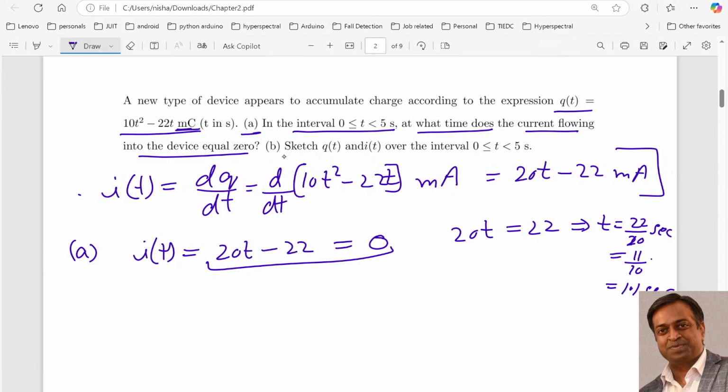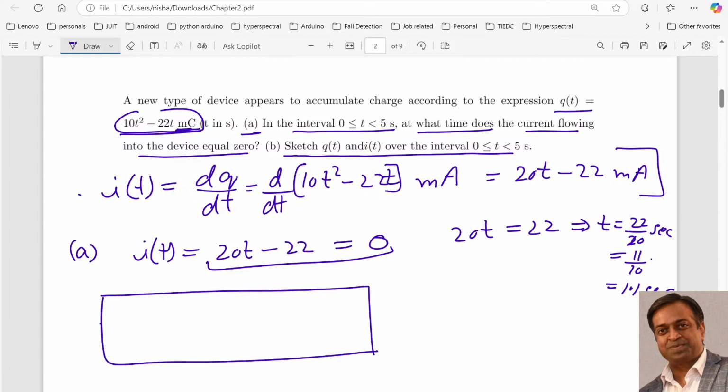And now the second part says that we need to sketch q(t) and i(t). This expression is a little bit complex, so how to draw it? There are different ways. Because we just need to draw a rough sketch, I will take different values of t and the corresponding values of q, and similarly the corresponding values of i.